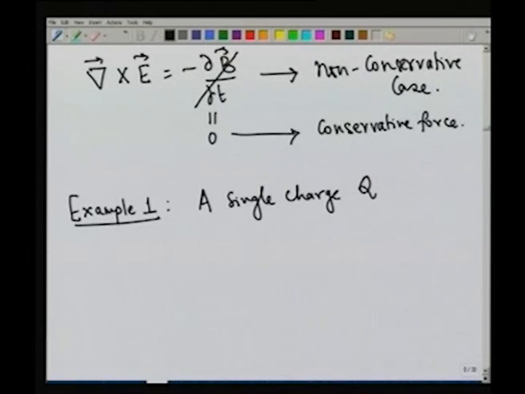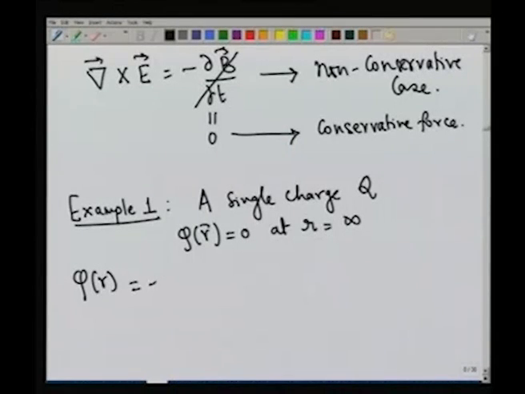And let us not forget that I am going to impose the condition that phi of r equal to 0 at r equal to infinity. As r goes to infinity, my field shall behave in such a way that it goes to 0. The solution is very simple, because I can simply integrate. My phi of r is nothing but what? Minus integral E dot dr.